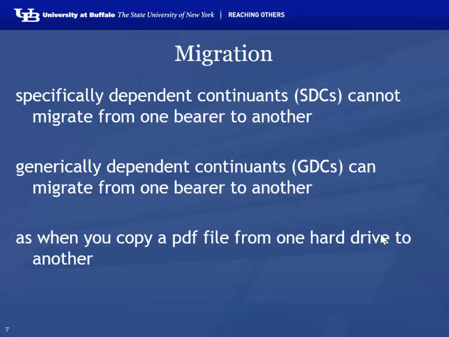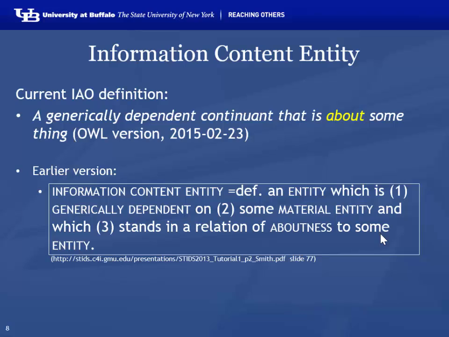So there are dependent entities which are tied to their bearers, and there are dependent entities which can move around from one bearer to another. Information content entities are copyable. They are migratable in that sense. And so the current definition in IAO of ICE is that an information content entity is a generically dependent continuant that is, and then we get to the point of this presentation, about something.